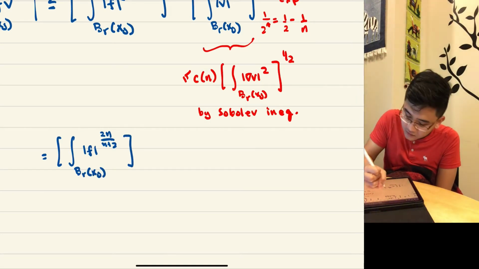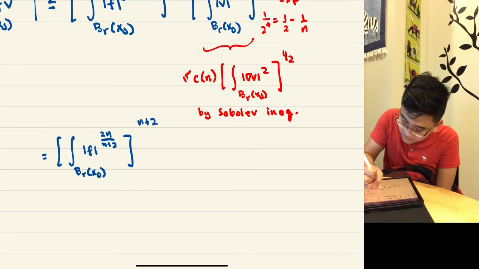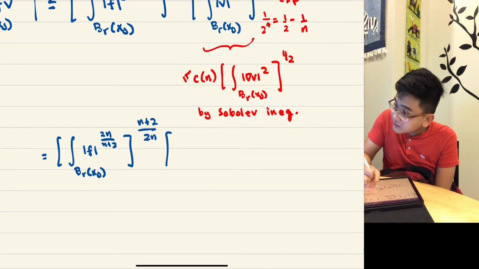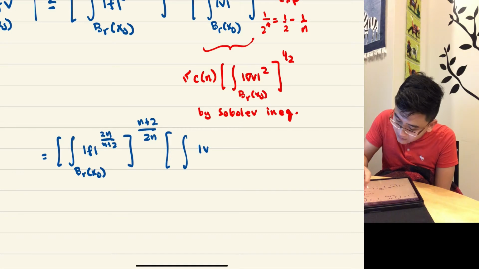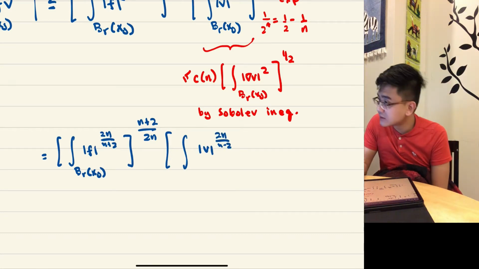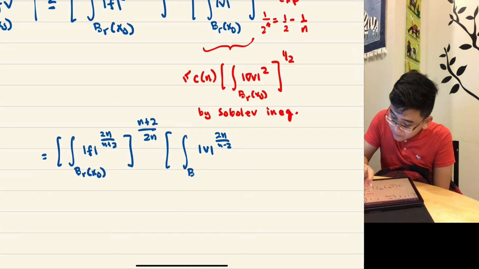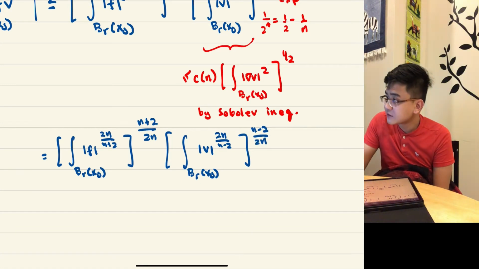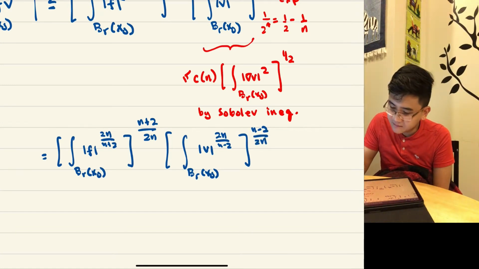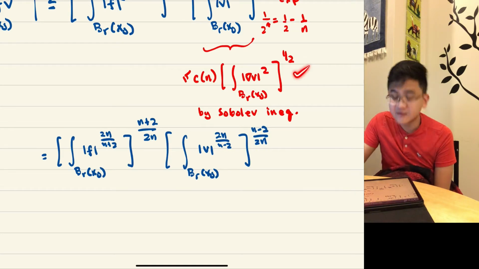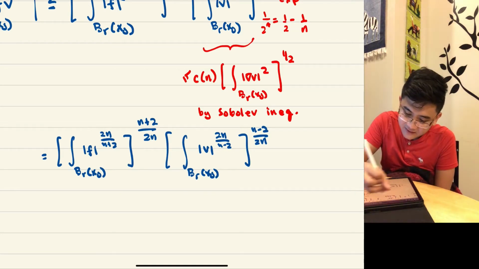Raised to the reciprocal of this, so that's n plus 2 over 2n, multiplied by the integral of v raised to 2n over n minus 2, which is 2 star, raised to n minus 2 over 2n. So this is the thing that can be controlled by this term here. So let's just put that in.